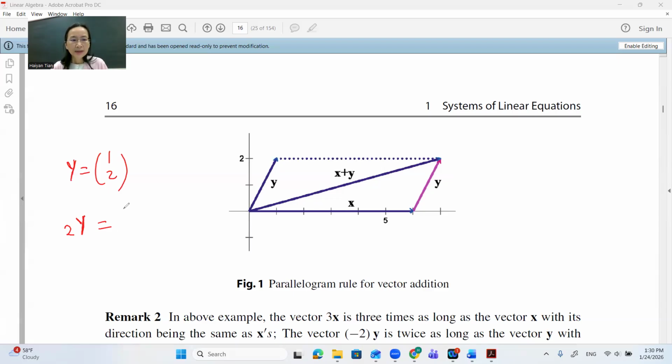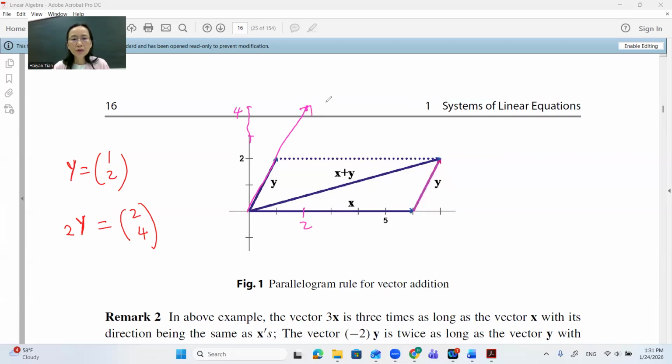What do we mean by that? We know the result will be a new vector, which is 2 times 1, 2 times 2. So 2, 4 is the vector. If we draw that vector, it will be here, the 2, 4.